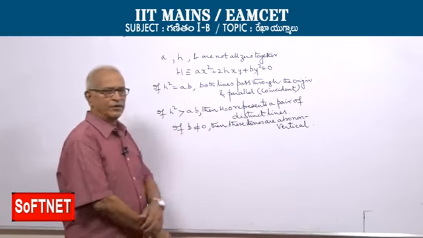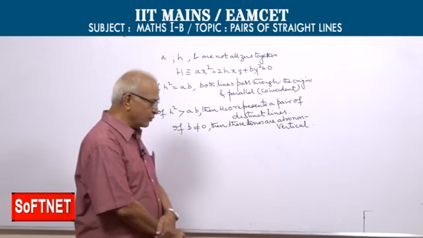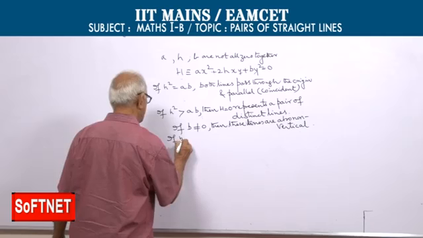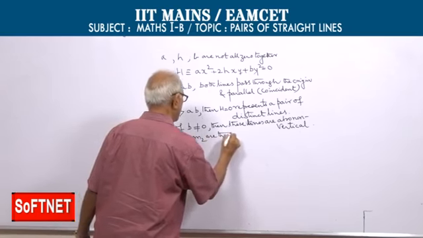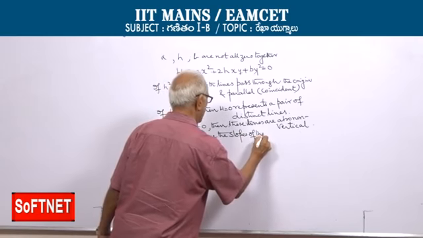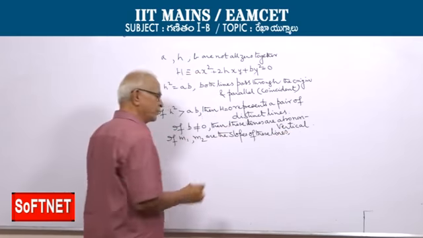None of them is a vertical straight line. So both lines have finite slopes. Suppose m1 and m2 are the slopes of these two lines. These non-vertical lines, that is the case when b not equal to 0.